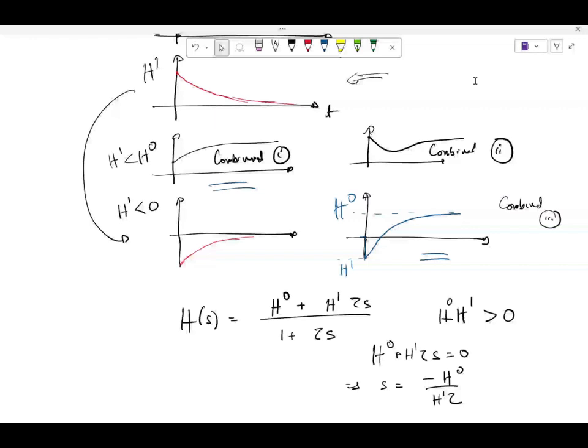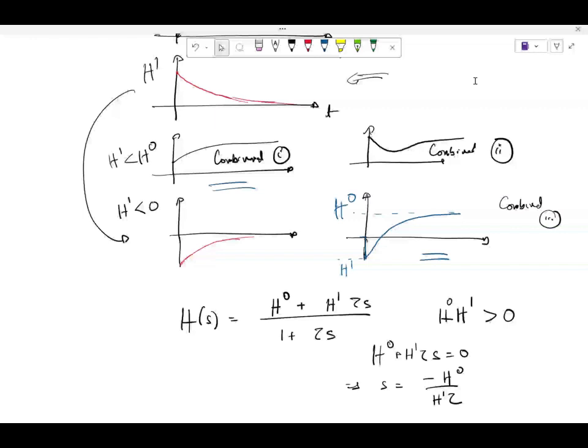If the final value and the initial value are in the opposite direction from your starting point, then the 0 would be in the right half plane.